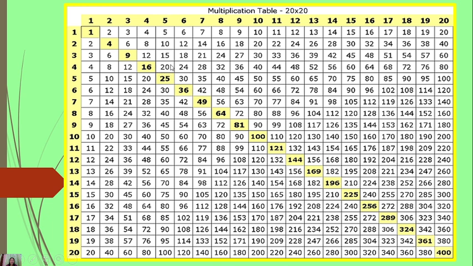Pero, in between of what 2 integers does square root of 20 lie? Nandun siya sa pagitan ng perfect squares na 16 and 25. Square root of 16 is 4, square root of 25 is 5, therefore square root of 20 is in between of 4 and 5. Ganon siya.